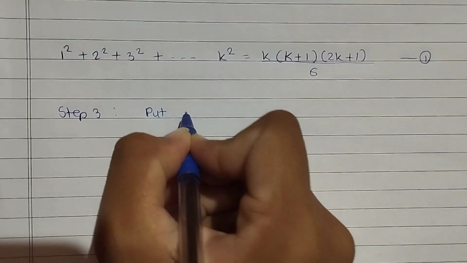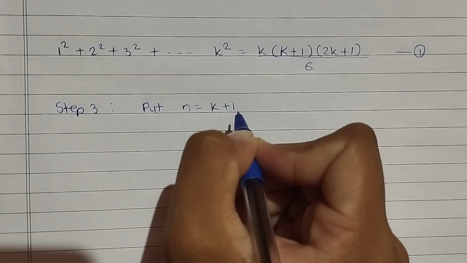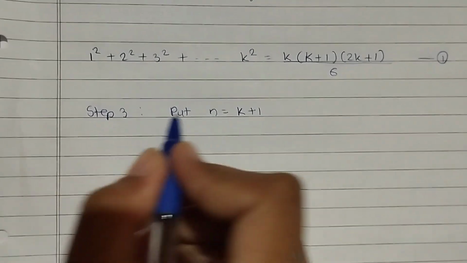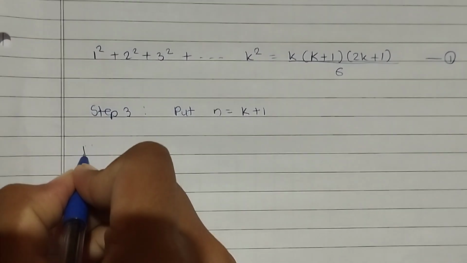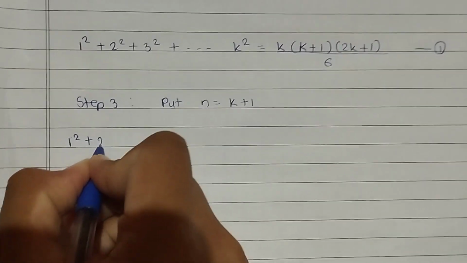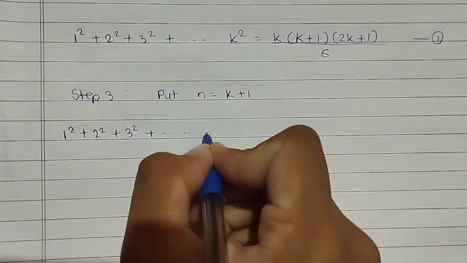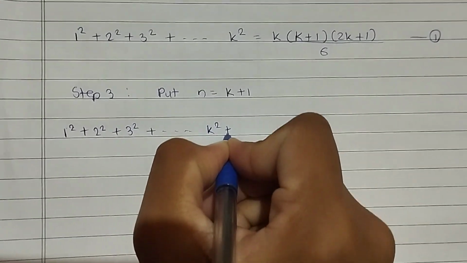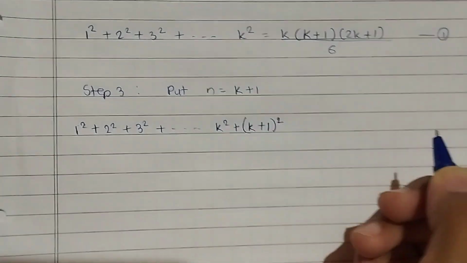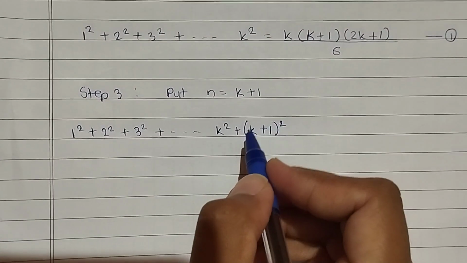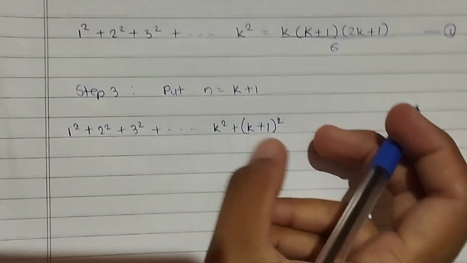Step 3: put n equal to k plus 1. We write LHS is equal to 1 square plus 2 square plus 3 square up to k square plus k plus 1 square. Now you may ask, why do we write k square plus k plus 1 only, and why do we not write k plus 1 square?